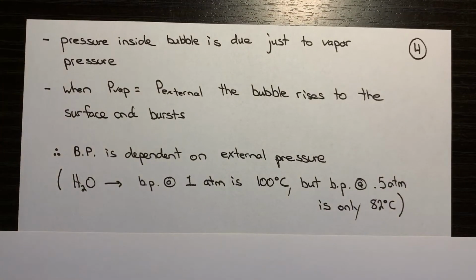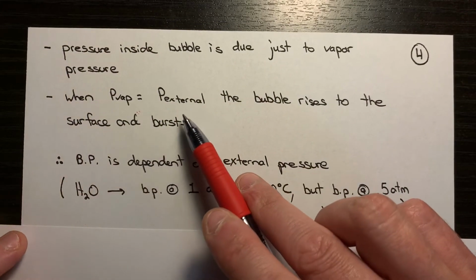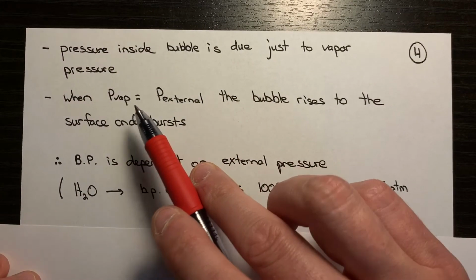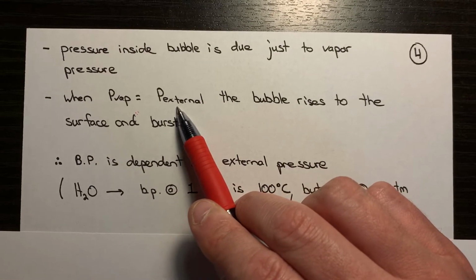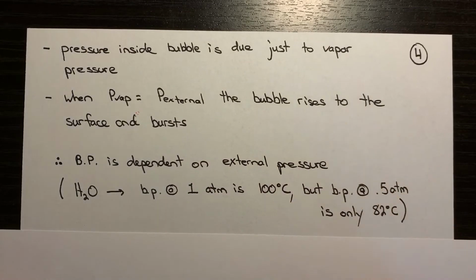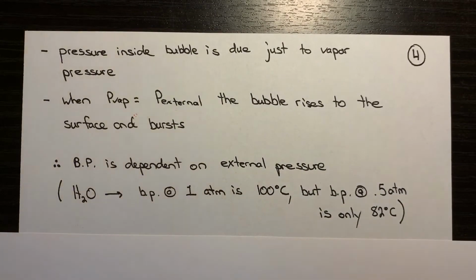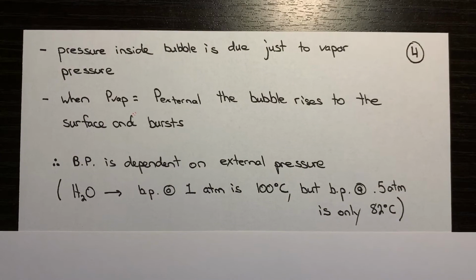Eventually what happens is, as that vapor pressure in essentially what is a closed container becomes equal to the external pressure, the bubble is going to rise to the surface and burst. And that's what we visually observe, right? And I'm sure you have probably experience with this or are familiar with this phenomenon, but boiling point is dependent on external pressure, okay?